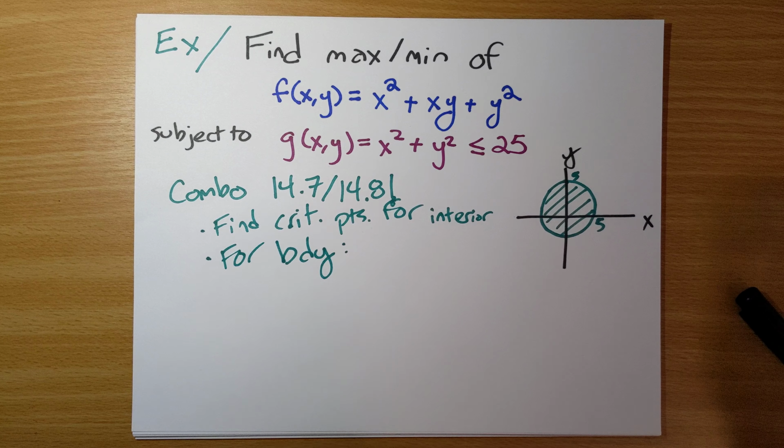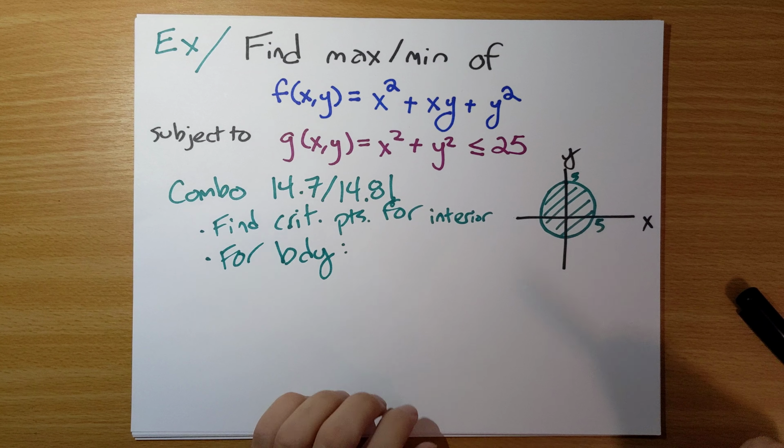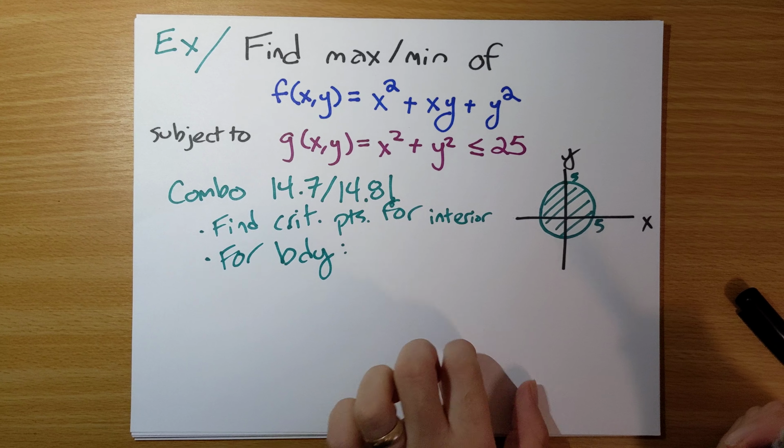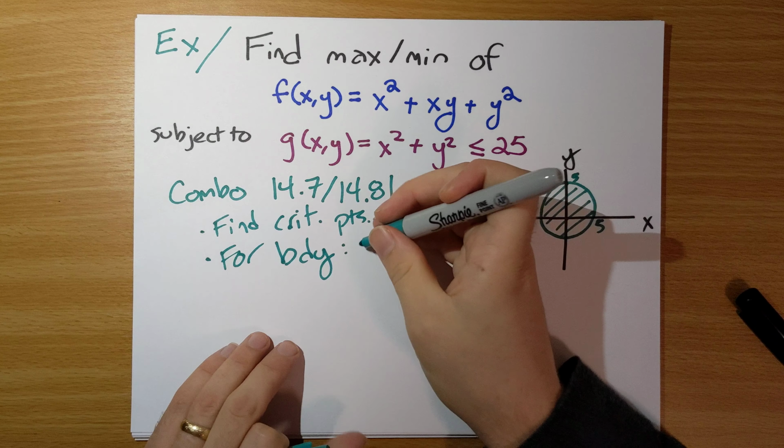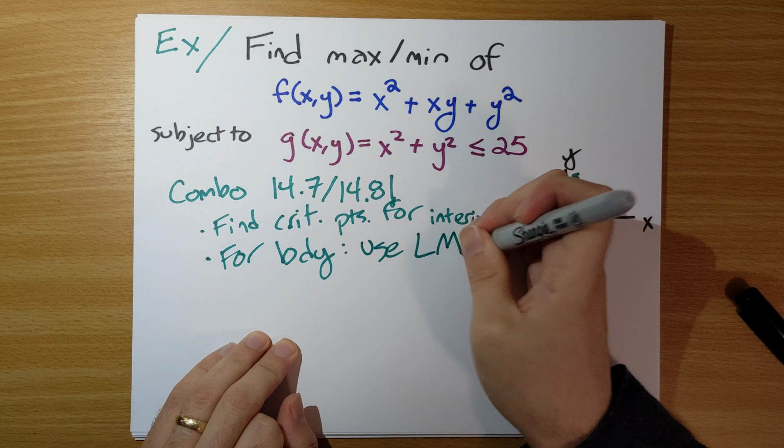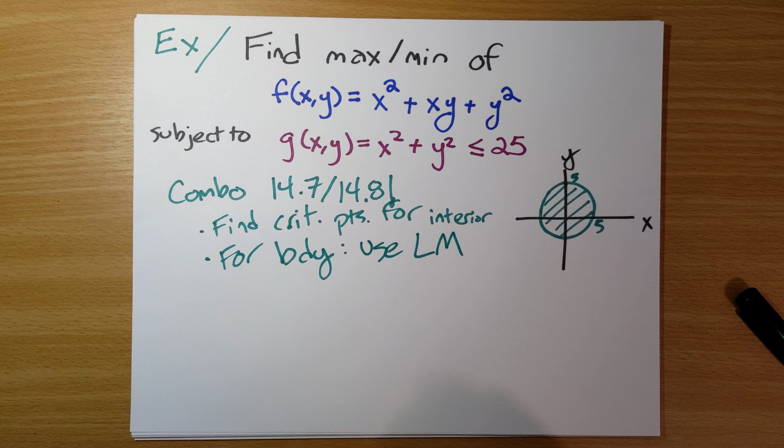remember in 14.7 we did the triangle region, and we had three different chunks to the boundary there, and we did one variable optimization on each of those chunks. For here, we're going to use Lagrange multipliers instead.